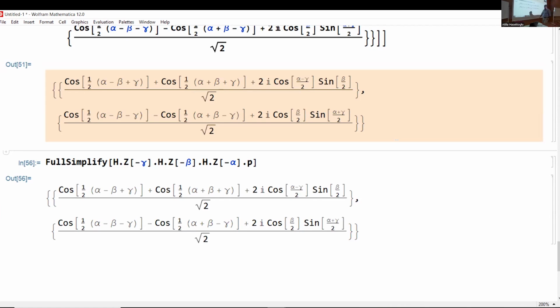Let's try now to do this cluster tree. Let's say let's look 1, 2, 3, 4.